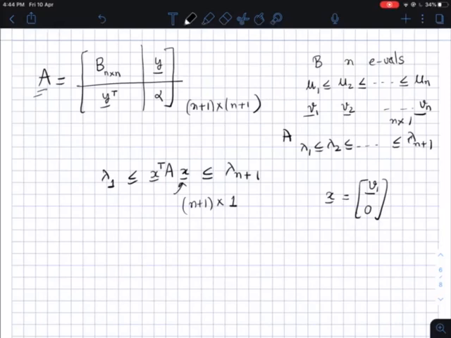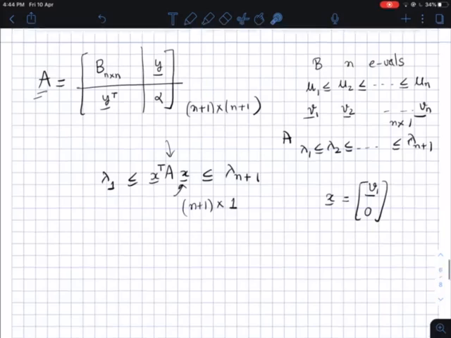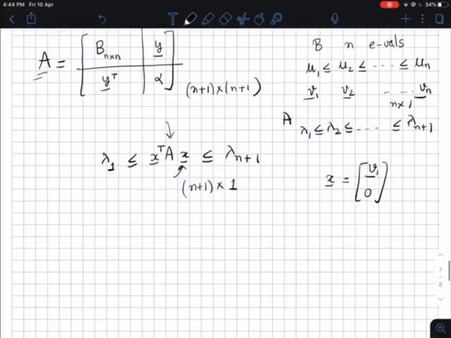Okay, so let us just plug this x into the expression x transpose Ax and see what happens. First of all, x is a unit vector. It's very easy to see that because v1 being an eigenvector of B, without loss of generality, we assume eigenvectors are unit vectors. So it's a unit vector, adding a 0 doesn't change the norm, so this whole thing is still a unit vector. Okay, so x is a unit vector.